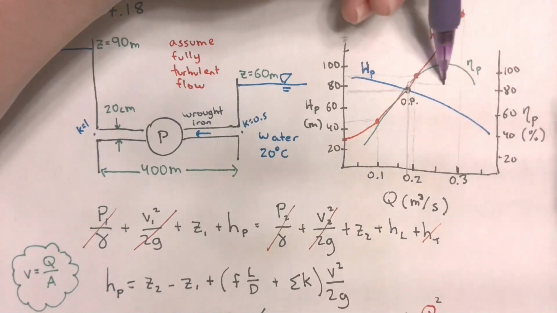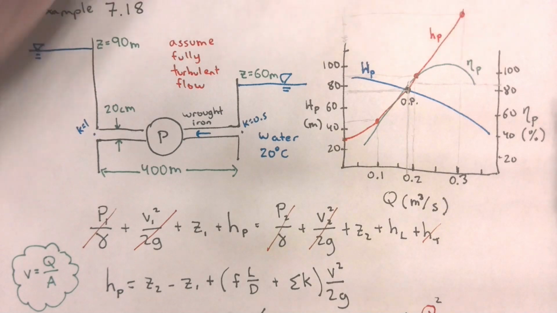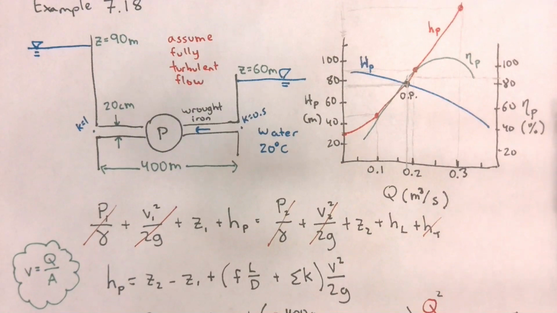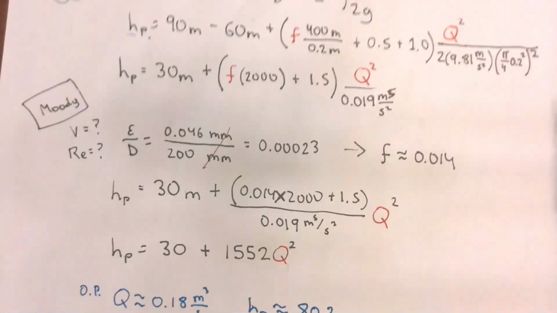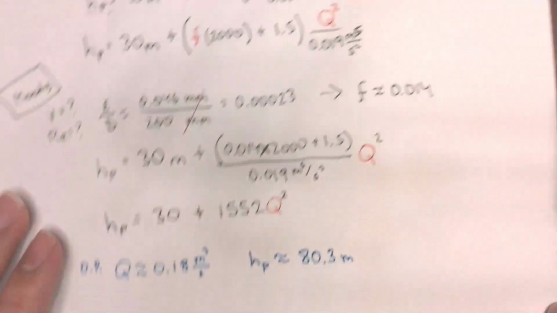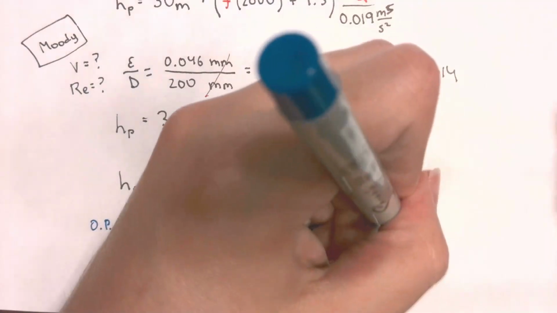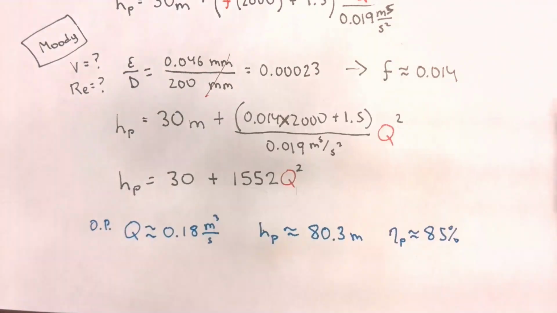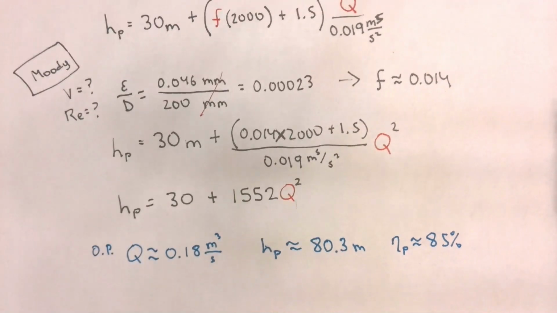Straight line to the right, and I get an approximate efficiency of, I'm going to say 85-ish%. So my efficiency will be approximately 85%. That means that for every 1 unit of energy that the pump requires, only 85% of that is actually outputted by the pump into the system.